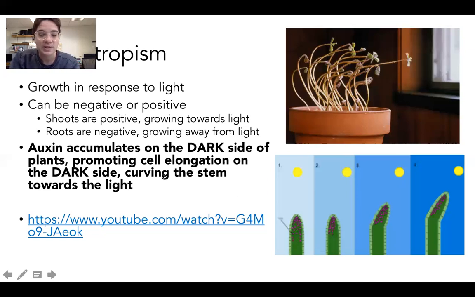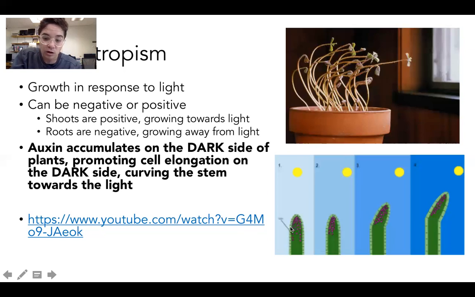phototropism, auxin accumulates on the dark side of the plant. As you can see, as it moves, the auxin, which are these little pink dots, accumulates on the dark side of the plant. And that auxin will promote cellular elongation along the dark side.